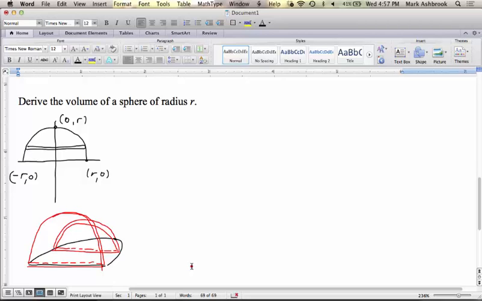So we're going to take a typical one of these right here, and we need to find the volume of it. This is a typical semicircular disc. How am I going to get the volume of that thing?